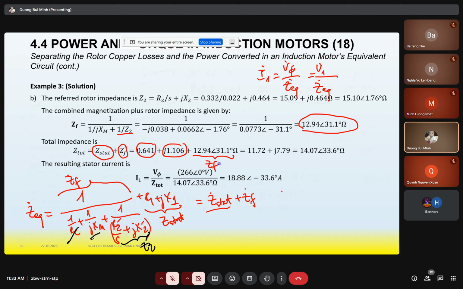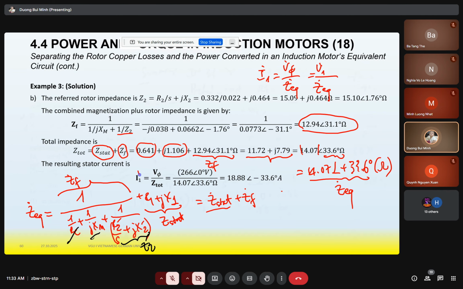You can get the result here, 11.72 plus j7.79, or the magnitude 14.07 with the phase angle 33.6 degrees. So this one is Zeq.